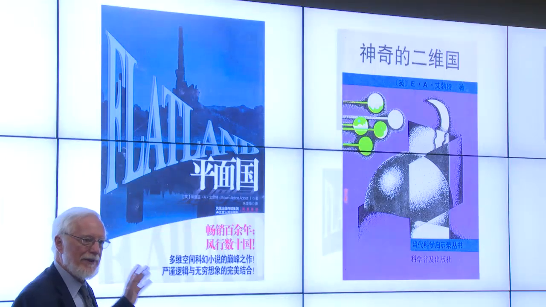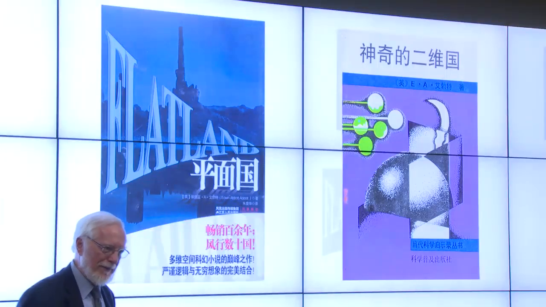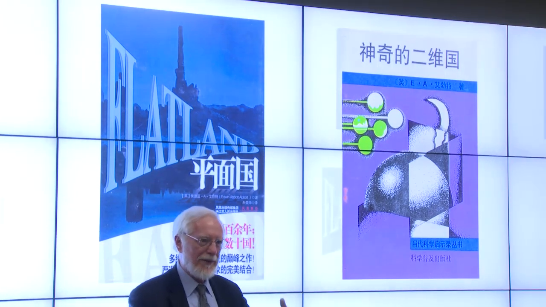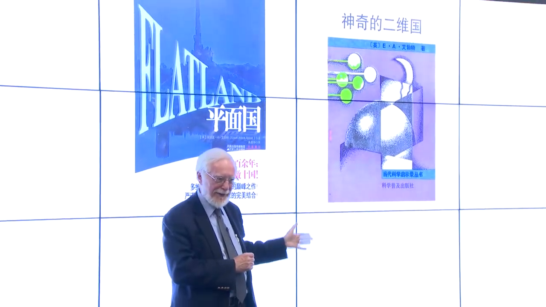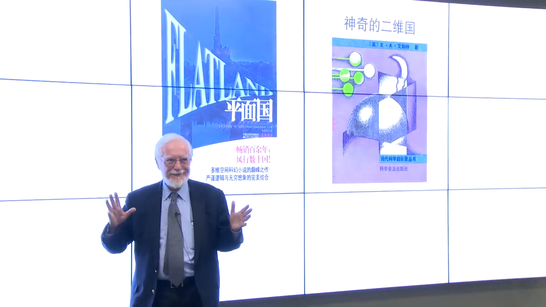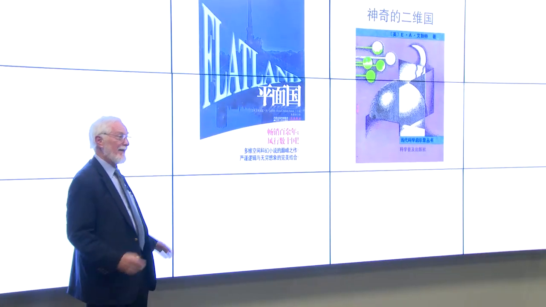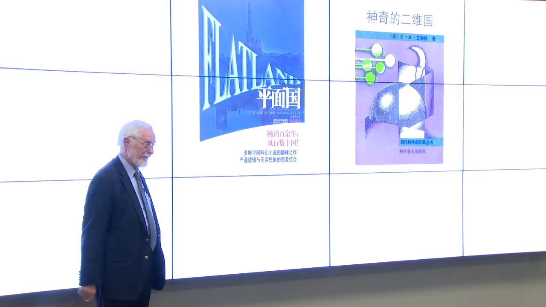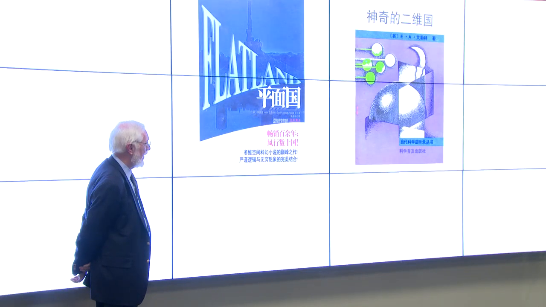And I'm very interested in the introduction. I mean, I can't read Chinese. But when a country that has a certain political bent chooses to allow the publication of Flatland, which is divisive, if not subversive, in its attack on authority, or in its treatment of authority, I'm really curious.